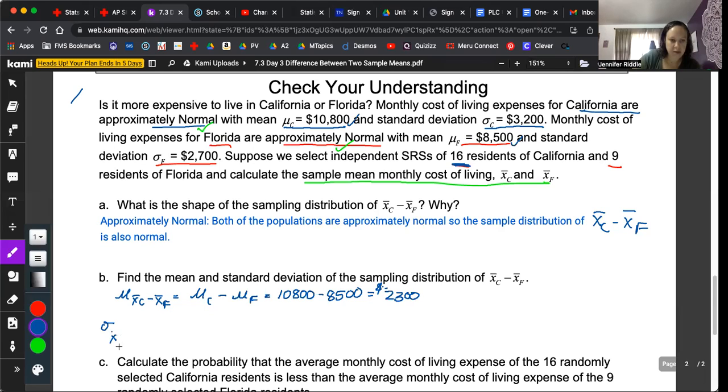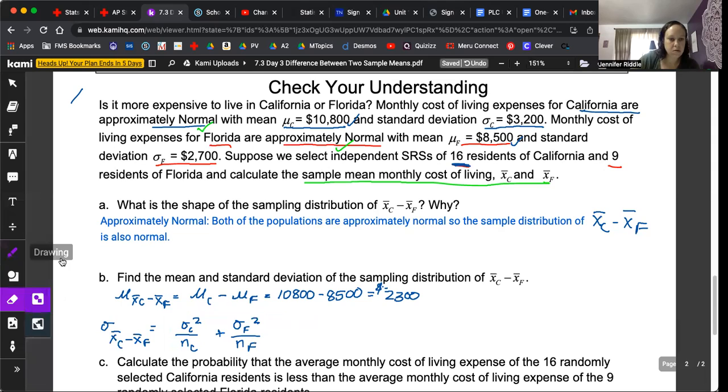The standard deviation of X bar C minus X bar F is equal to the square root of the standard deviation of California squared divided by the sample size of California, plus the standard deviation of Florida squared divided by the sample size for Florida. So let's plug in those numbers.